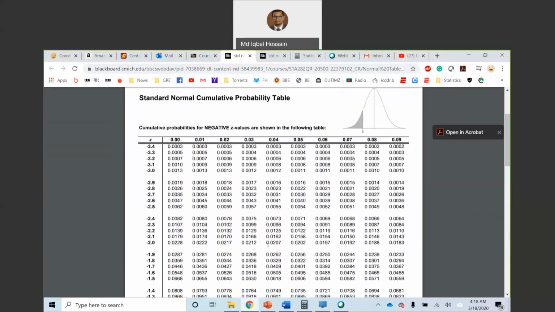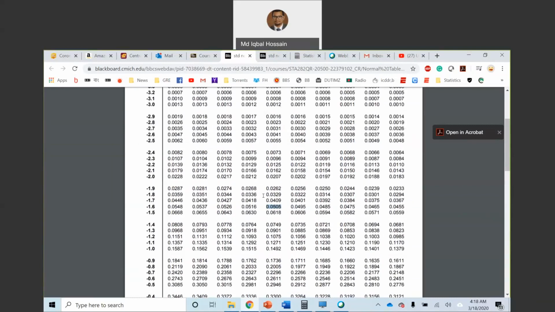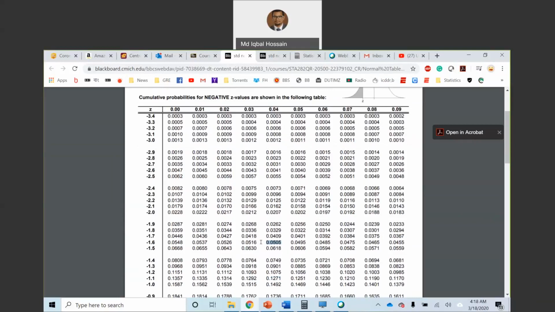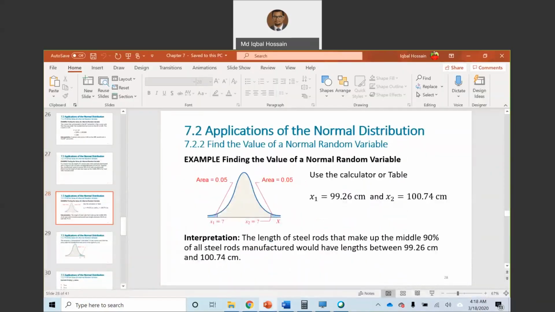Here you can see it's very close to 0.05, and that one is very close to 0.105. So let's take this point. Now we have negative 1.64 for that point. You can see negative 1.6, and we take the second digit from here, which is negative 1.64. That means this is the z value for that.